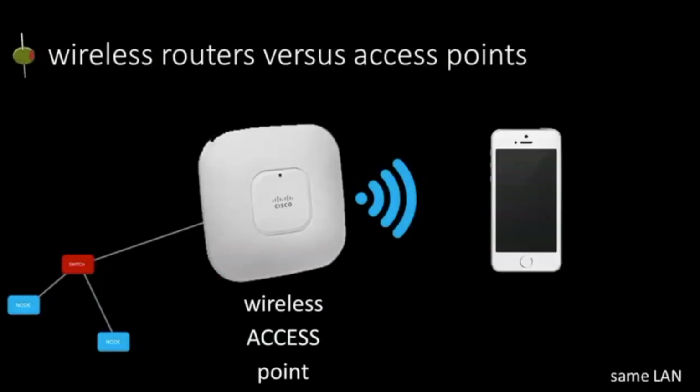So wireless devices end up being on the same local area network as all of your other devices, and that's great. We're just converting copper into wireless, and if there's a DHCP server, it serves all that information over the other side. If you bring a static IP address, it's there.